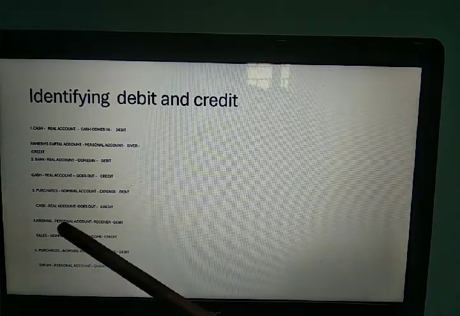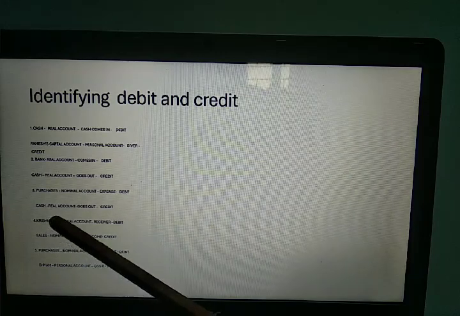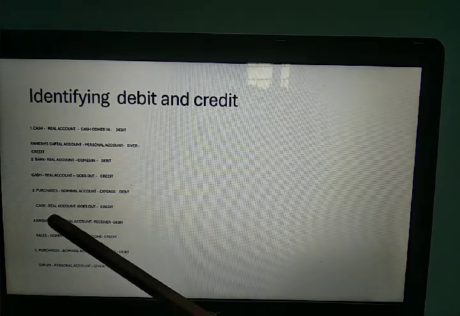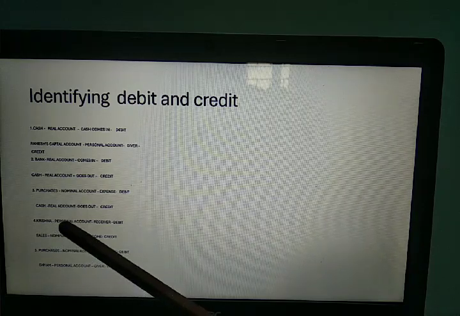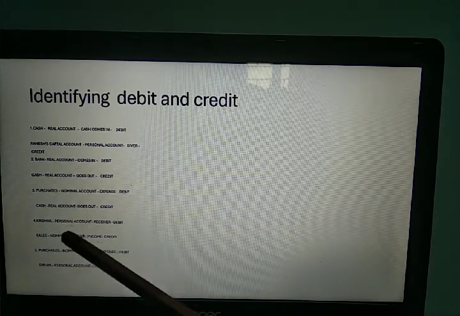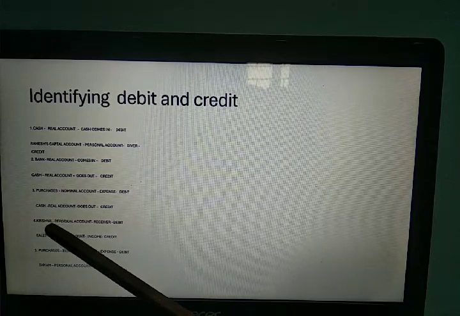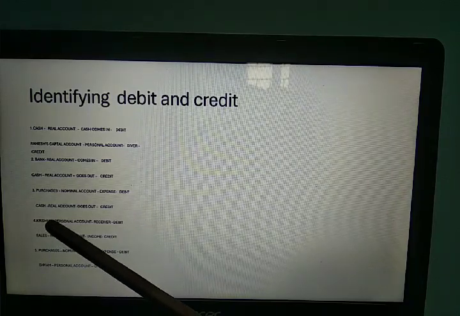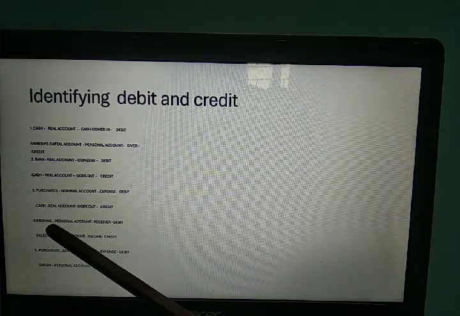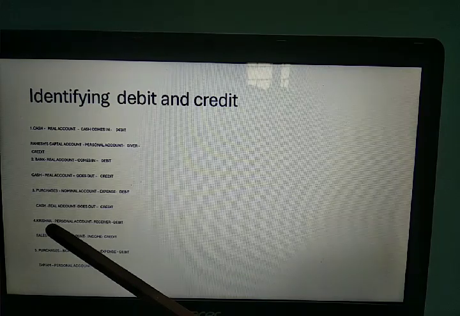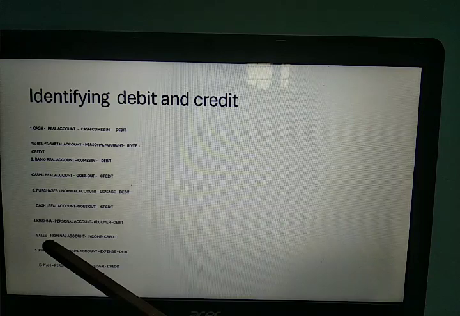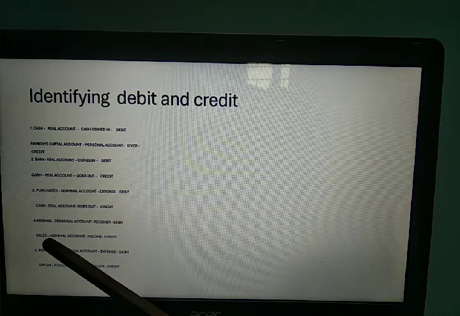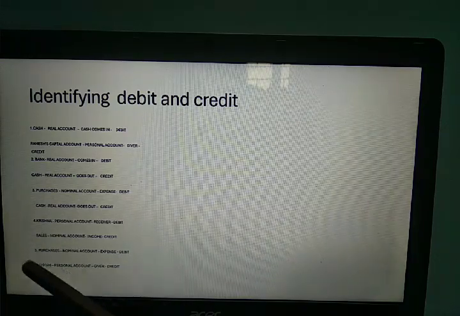You see that whenever credit sales are there, the individual's name will be there, and cash will come in subsequent stages. Suppose initially you are selling or purchasing on credit, so the individual's or the firm's name will be in your account. So here Krishna account is debit and sales is your credit. You understand that?